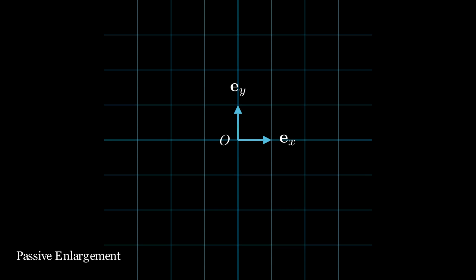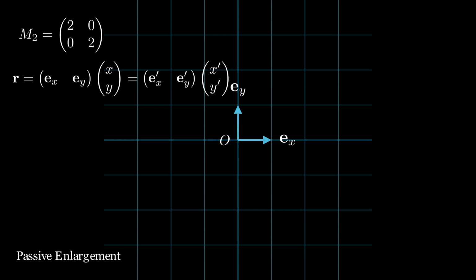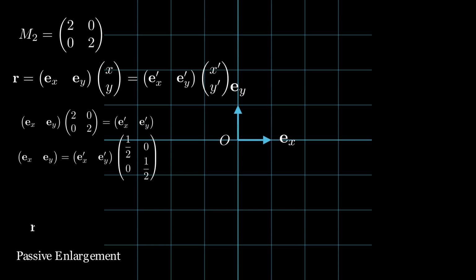So, what is a passive transformation? Instead of moving the point itself, we measure it using a newly generated basis, which gives us new components x' and y'. In other words, it works like this. The vectors before and after the transformation are set equal to each other.